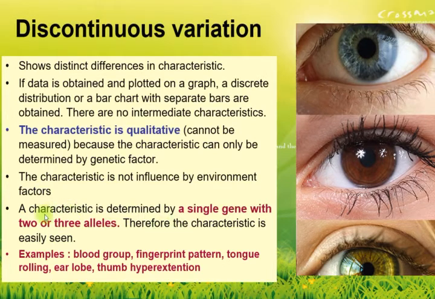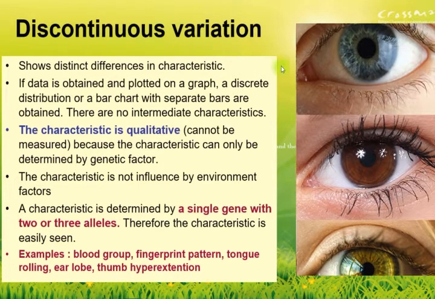Therefore, the characteristic is easily seen. Examples of discontinuous variation are blood group, fingerprint pattern, tongue rolling, types of earlobe, and thumb hyperextension.